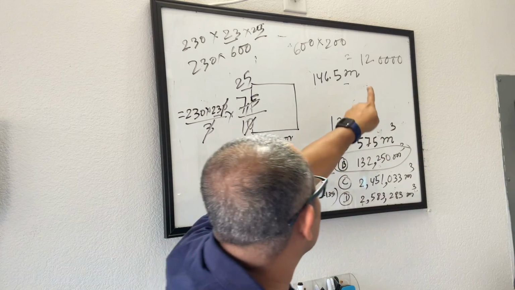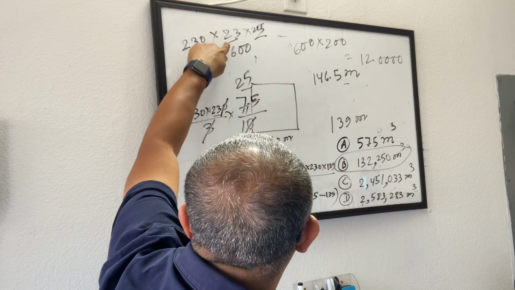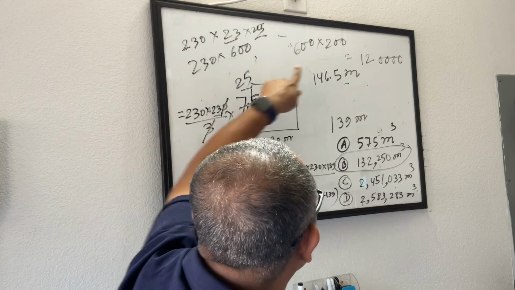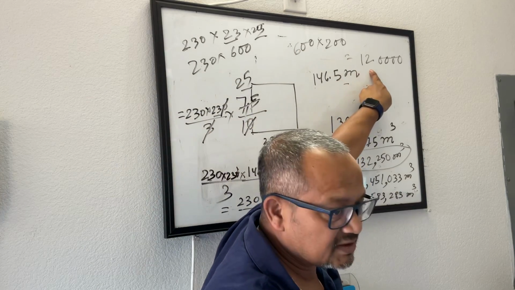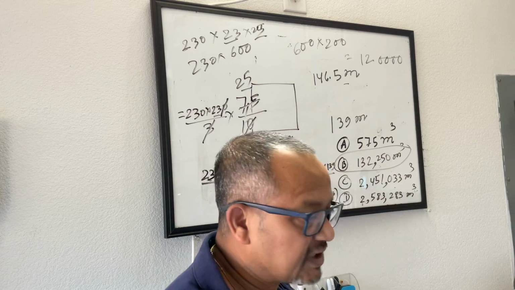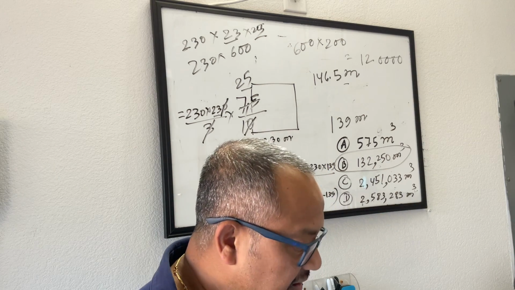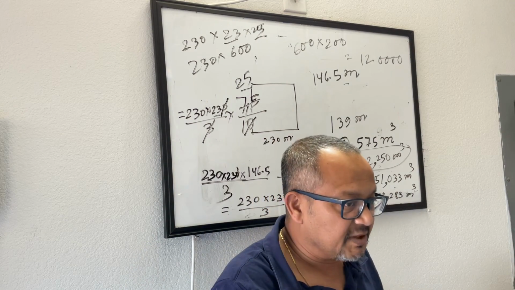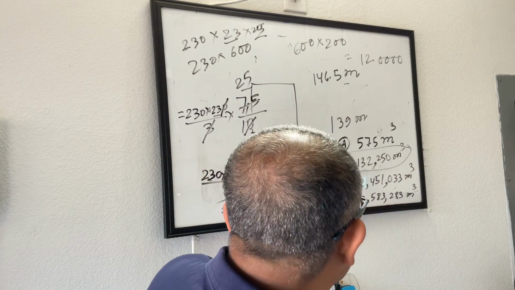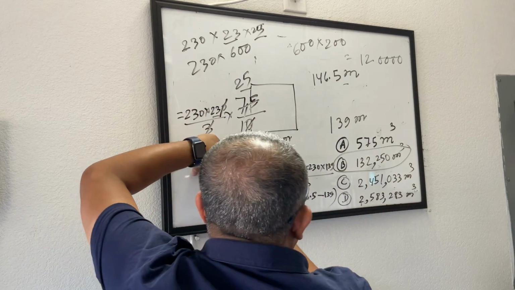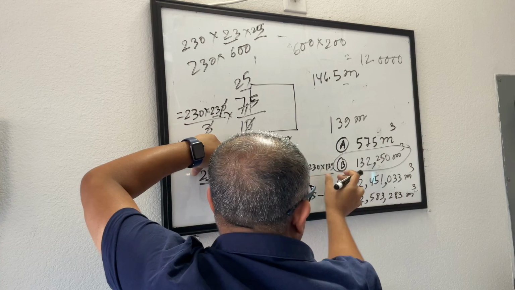Yeah, because I did an approximation here, right? 23 into 25, I said 600, and then 230 I rounded to 200, and I was getting somewhere around this. This is the best I could get, the best possible option that we have. While explaining I took a little longer, but when you are doing the calculation, the way your brain will work is, okay, these two are common, so I'm only talking about the difference, 146 and 139.